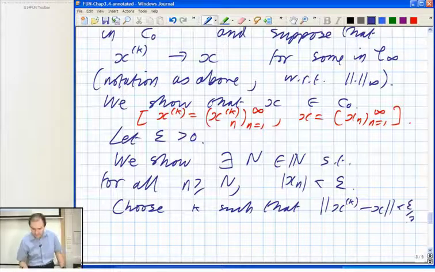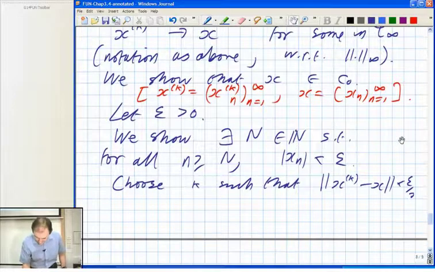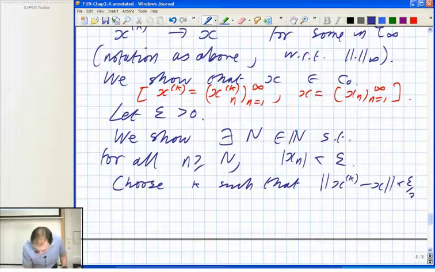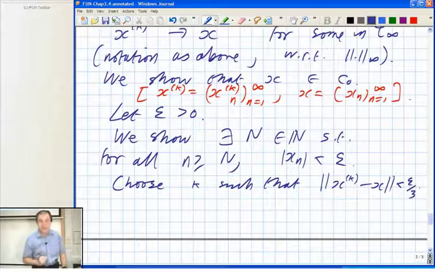We know there are some because they're converging to it. This k is going to be fixed now for the rest of the proof.